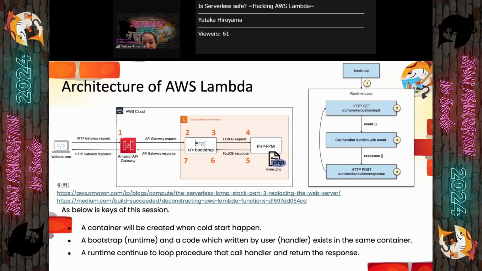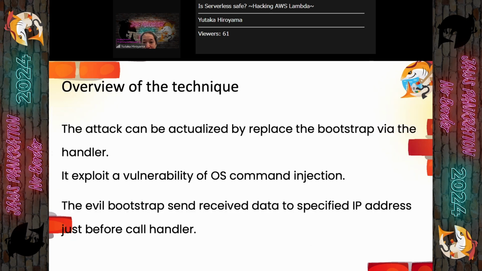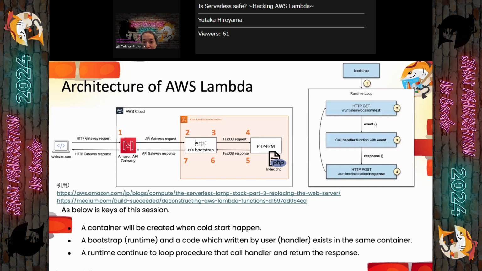The right diagram is the procedure of runtime task. The runtime receives the first execution request. The bootstrap executes the runtime loop, which contains GET request, call handler, and post results.